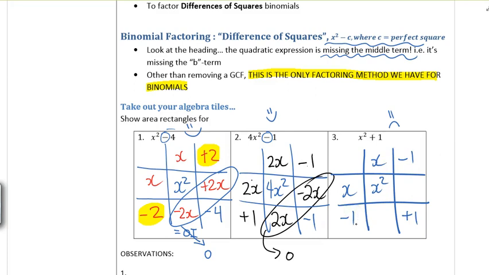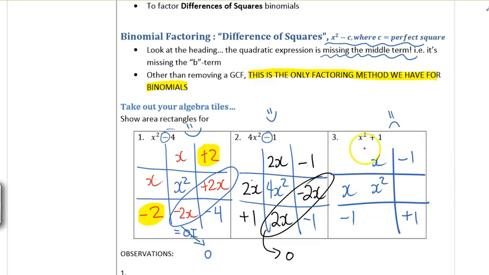Those are the only two options to multiply to +1. So let's see what happens to the oi. We've got a -x and a -x. Oi, oi, oi. Those do not sum to 0. Those sum to -2x. So we're in trouble there.